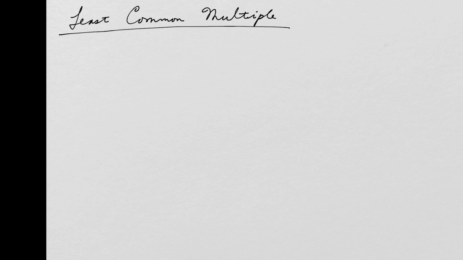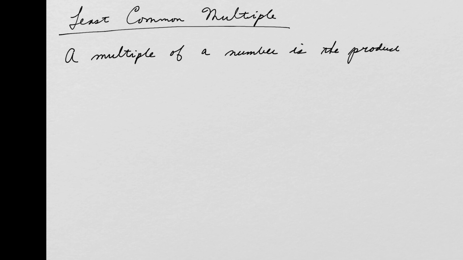So first of all, what is a multiple of a number? A multiple of a number is the product of that number and a natural number.